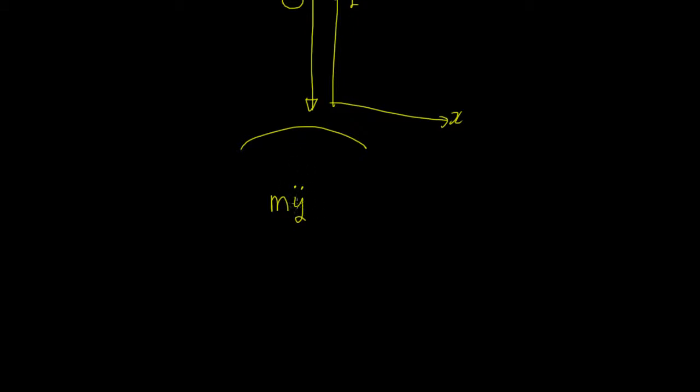So the second differential of position is the acceleration, and that's equal to the mass times the acceleration due to gravity, g, and because of the coordinate system we've chosen, that's going to be a minus.